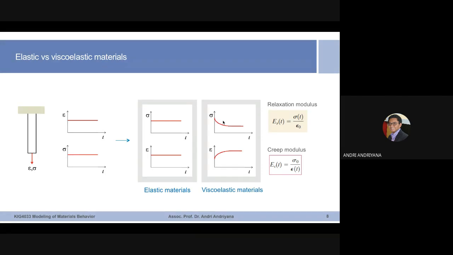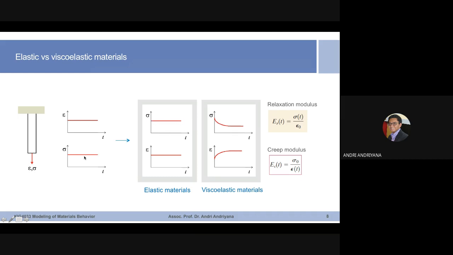about the relaxation test. Imagine that we have this bar, and this bar is subjected either to constant strain or constant stress. If the material is purely elastic, the stress generated in the material will remain constant.